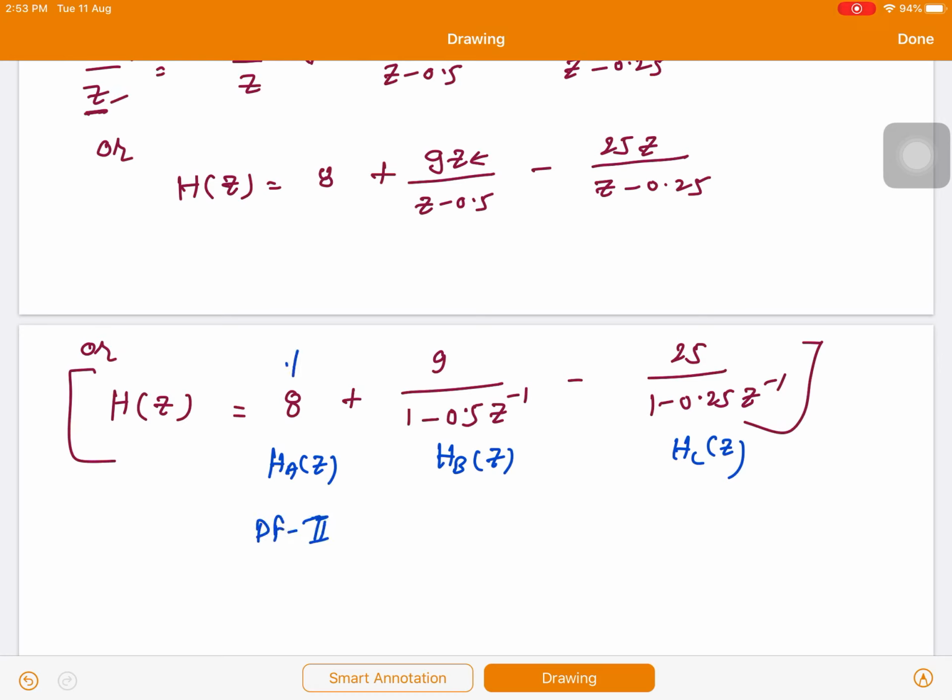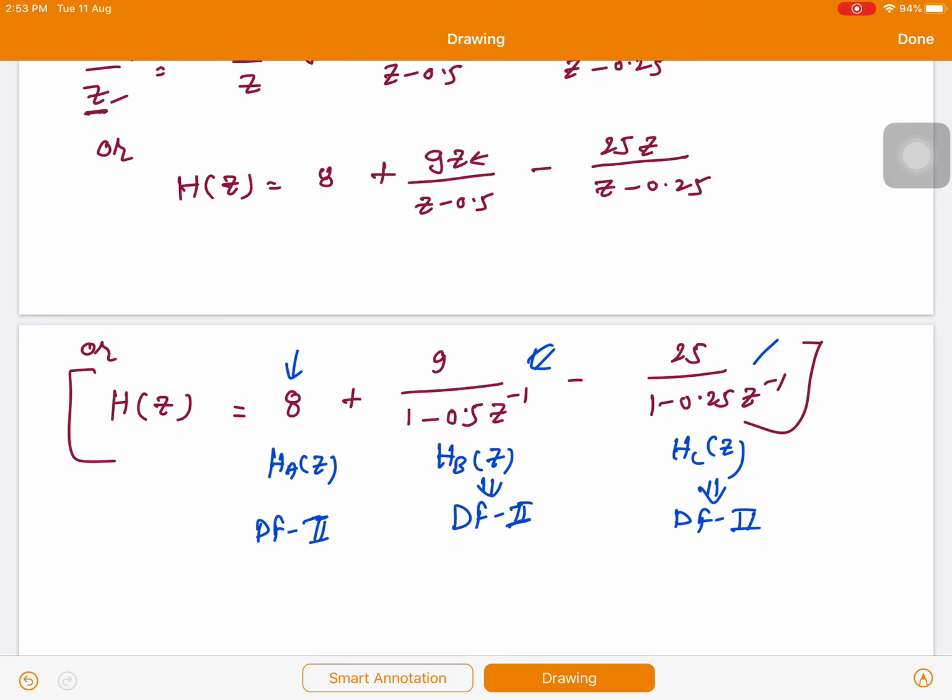I think you know this is only a multiplier value, a constant value. So you have to solve this function with direct form 2, and again apply the same process for direct form 2 for Hb(z) and Hc(z).